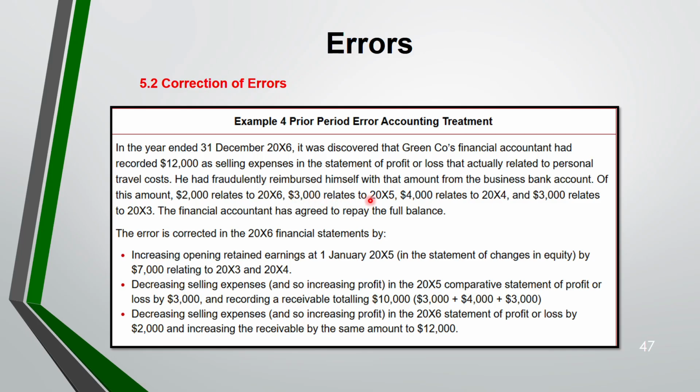So in the 2005 comparative statement of profit and loss by 3,000, and you will record a receivable. How much is the receivable? From 2003 onwards, that is 3,000 plus 4,000 plus this 3,000 of 2005. So total 10,000. Okay, total 10,000 you will record as receivable.